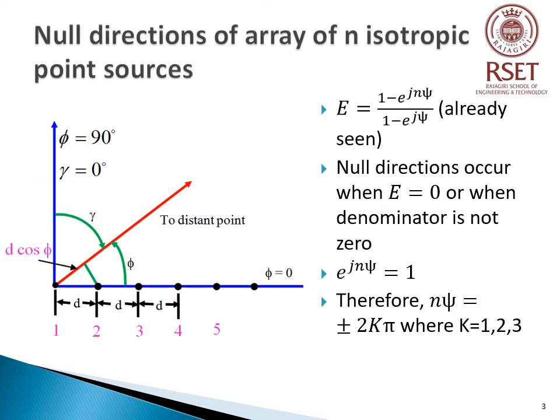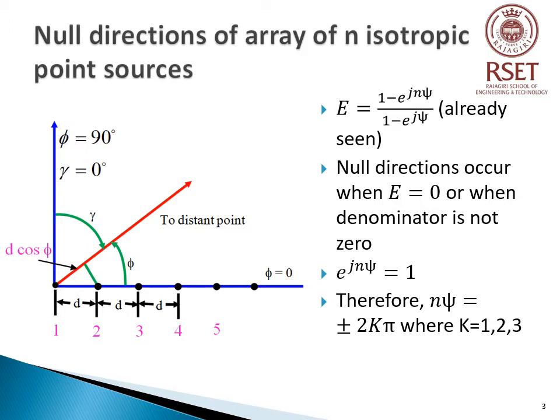So during the class hours we have seen linear arrays of n isotropic point sources of equal amplitude and spacing. You may please go through those notes, then you can understand the present discussion more. Okay. So the sources are separated by distance d. The figure shows 1, 2, 3, 4, 5 etc. sources. They are separated by distance d, and the angles phi and gamma are measured as shown.